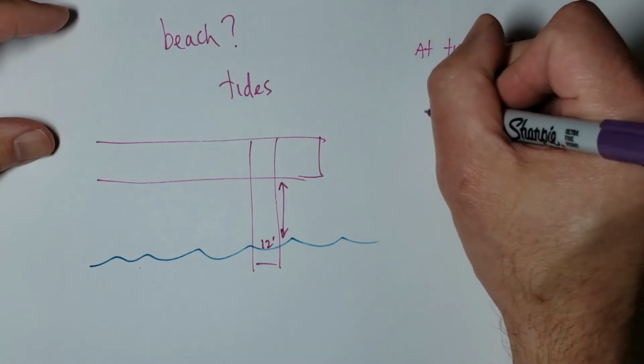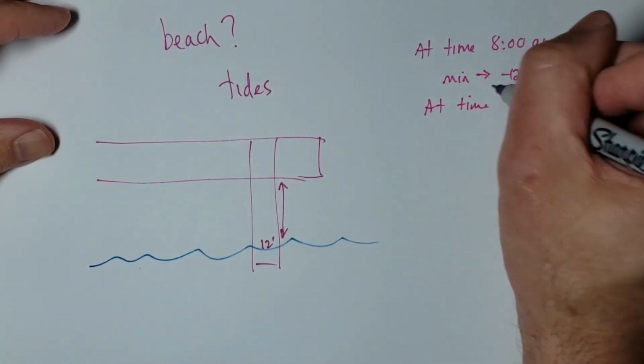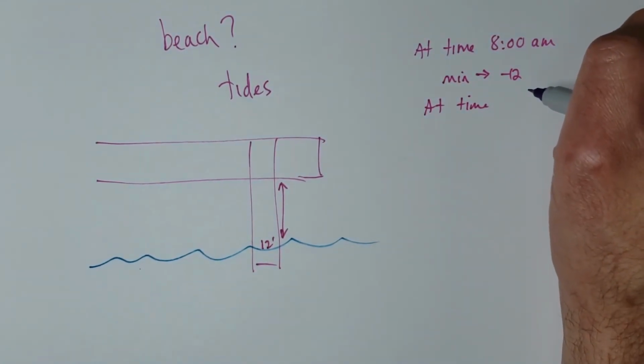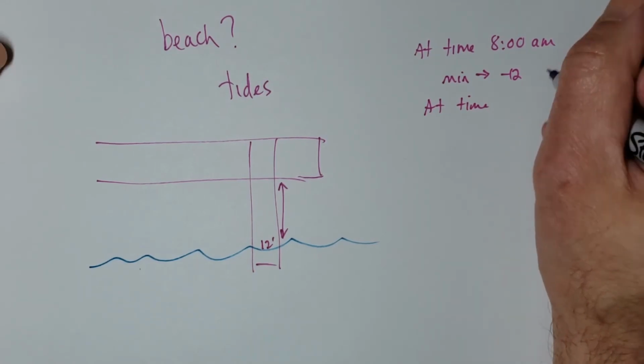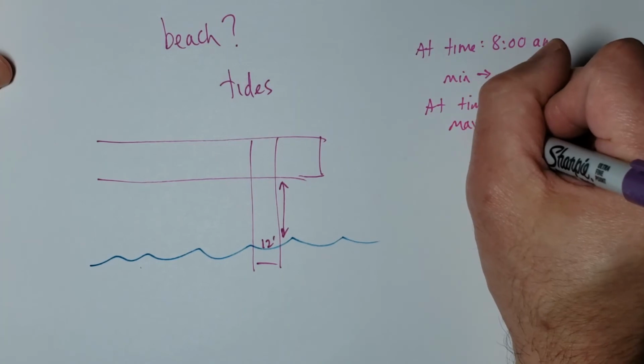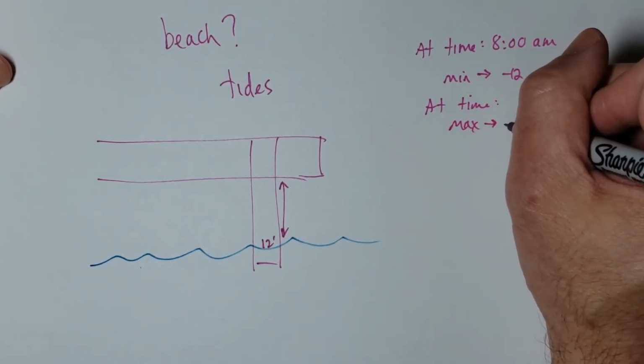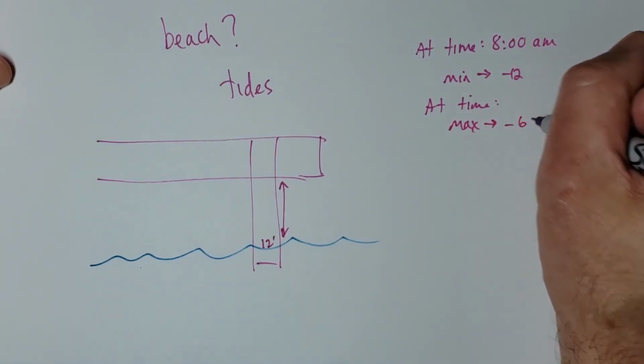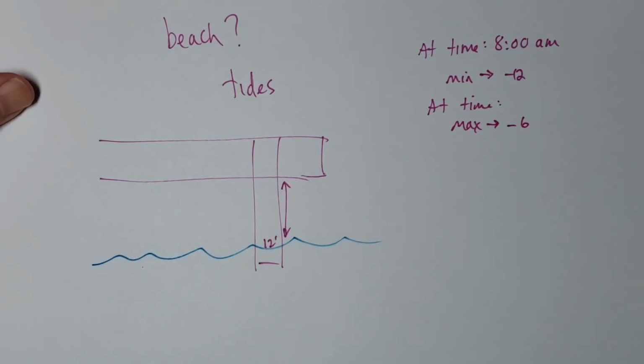And then at time, did you see how long it took to get up to its maximum? Or what its maximum was? It might have been a little bit difficult to read those numbers. The maximum was 6 feet below the dock. So we'll say that the maximum was negative 6.